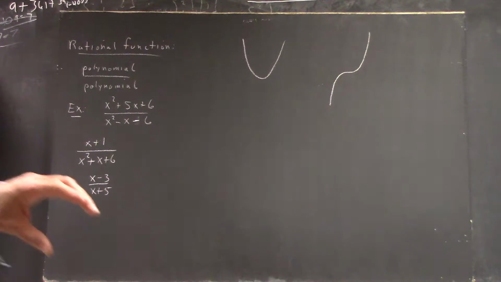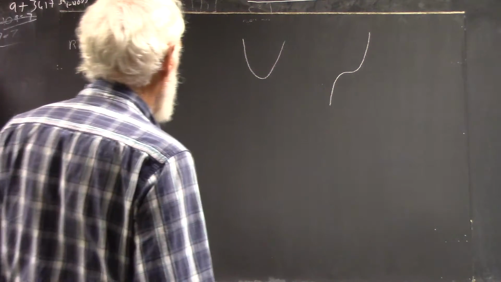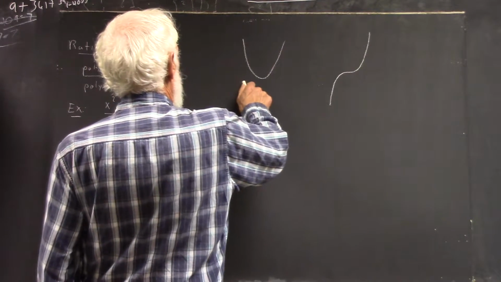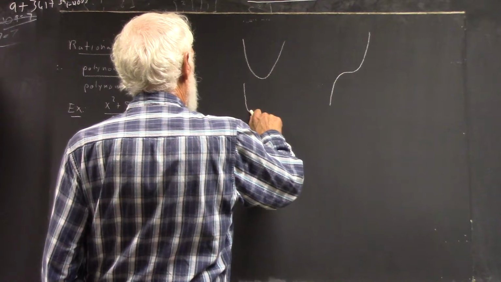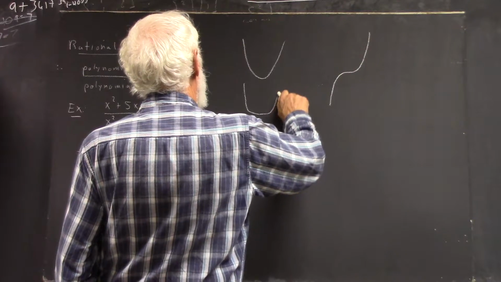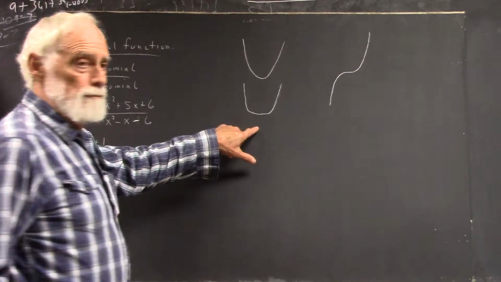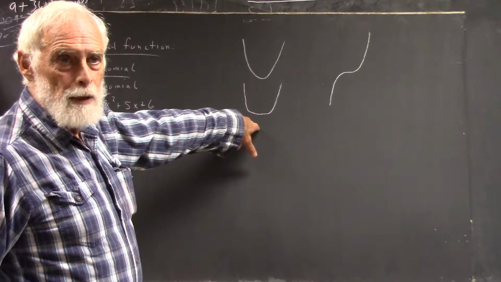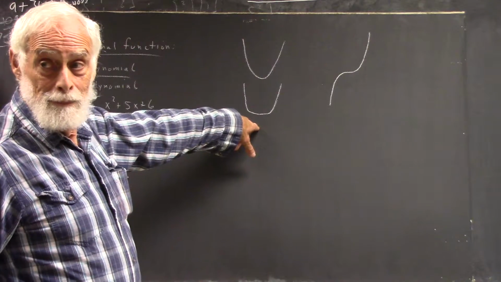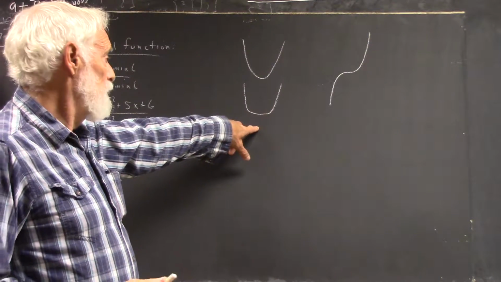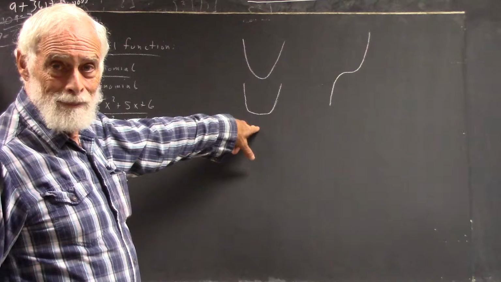Now, once you do your homework, you'll understand that you could have a very flat parabola. That would be like dominated by a power function that has an exponent maybe 6.